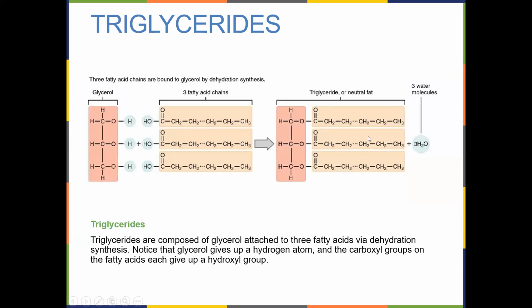If it's fully saturated, van der Waals attraction between these chains, that very minute shift in electrons temporarily, will cause the chains to be attracted to each other almost magnetically, and they'll stick together.